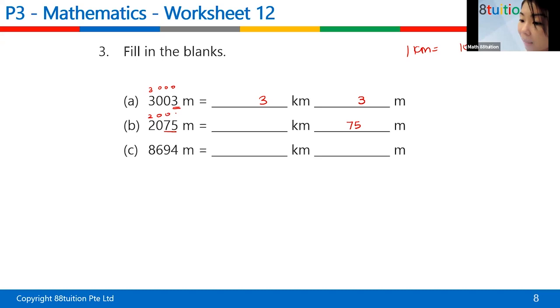You realize that I have another 2,000 meters, which is 2 km. 8,694 meters: all these can be kept as meters, but I still have another 8,000 meters. So 8,000 meters can be converted to 8 km.